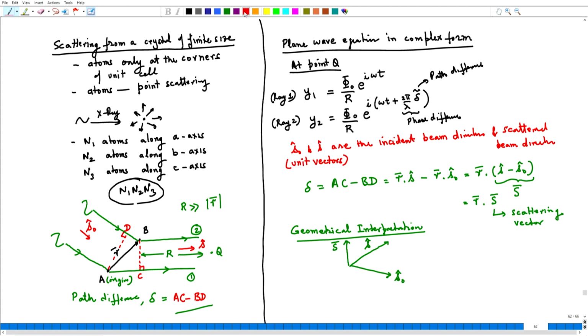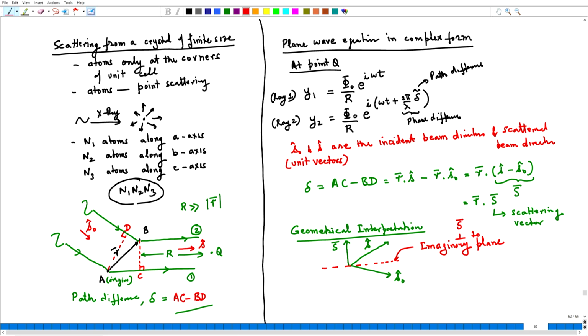and if I bisect the angle made between the two unit vectors S and S naught by what I will call an imaginary plane, then the scattering vector S would be perpendicular to the imaginary plane.